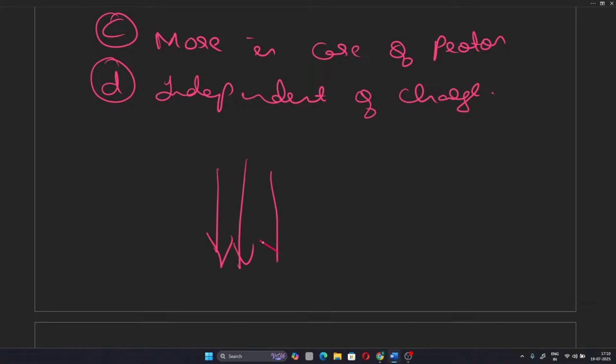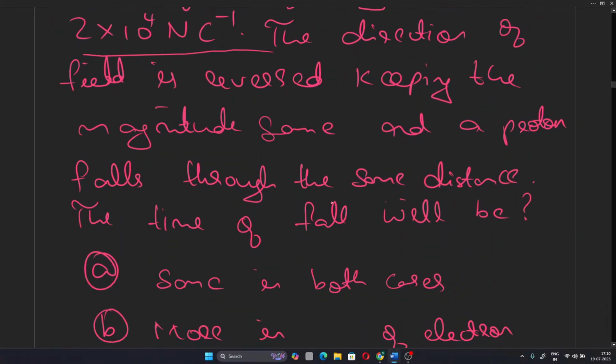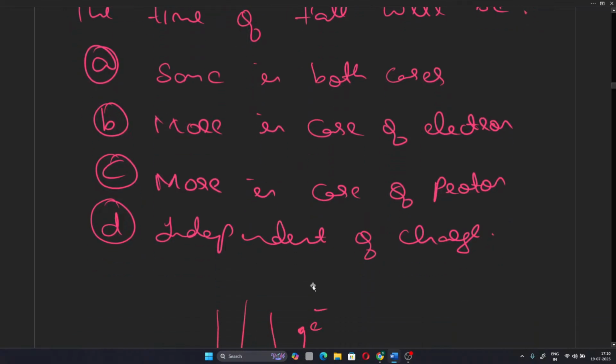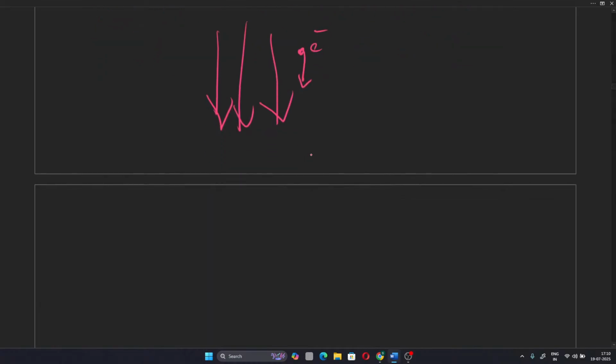When this was the field, an electron falls this much distance, and when we reverse the electric field, a proton also falls the same distance, then which will be faster?